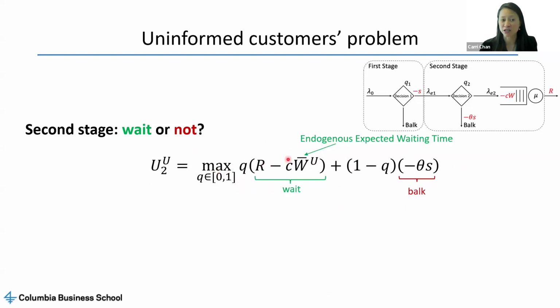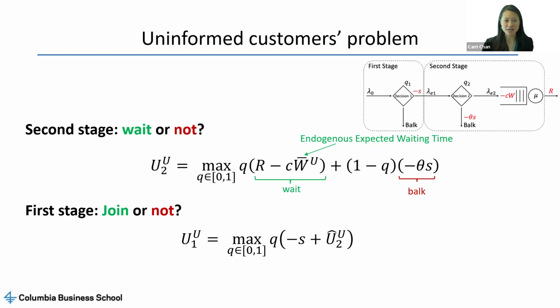Then that means they're going to incur their wait. Or do they balk? And this is where that behavioral parameter is going to come in, this aversion to balking due to the sunk cost. And here, this expected waiting time is an endogenous expected waiting time that depends on how the customers are going to actually respond.